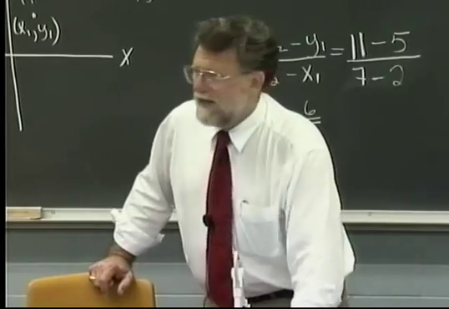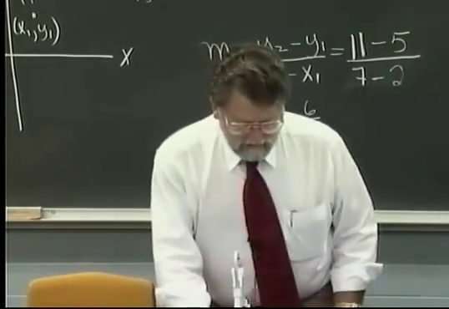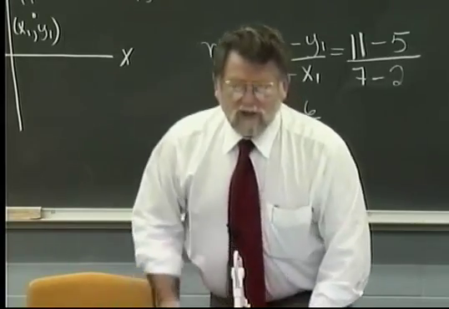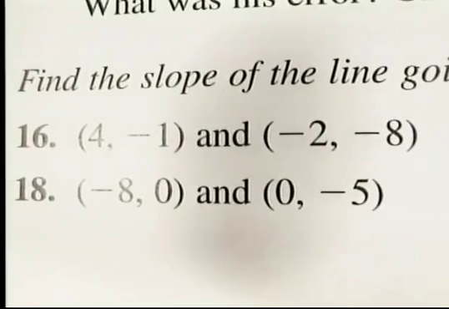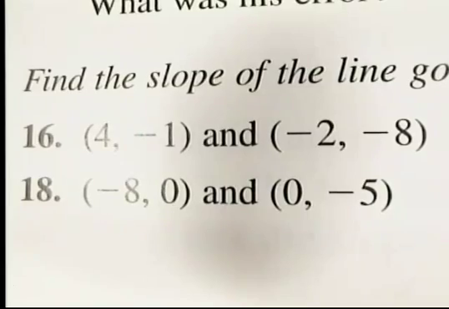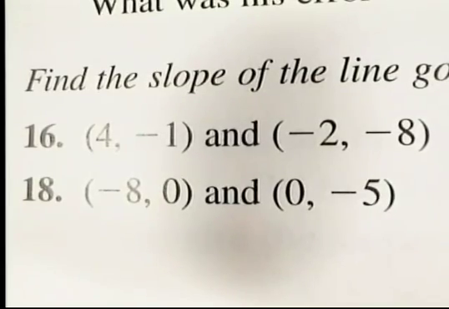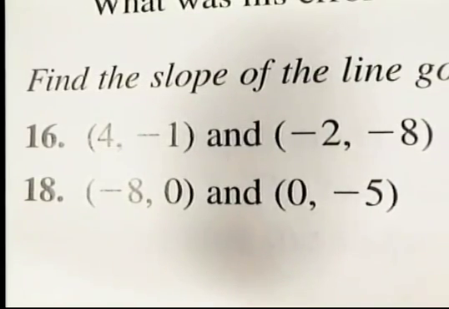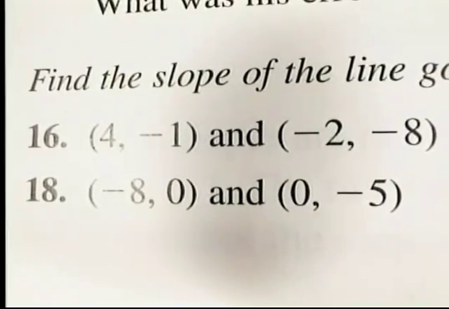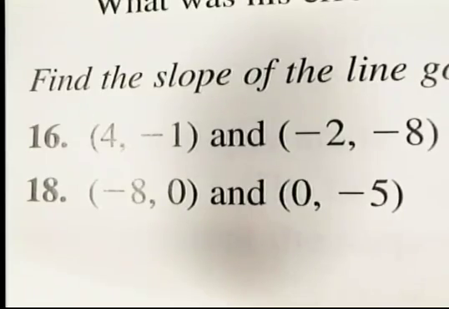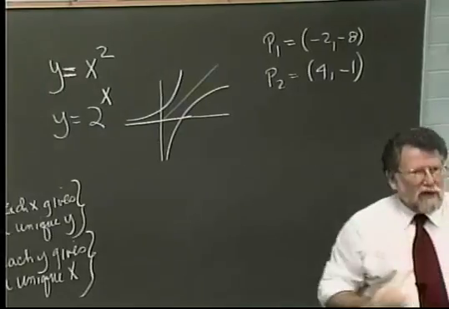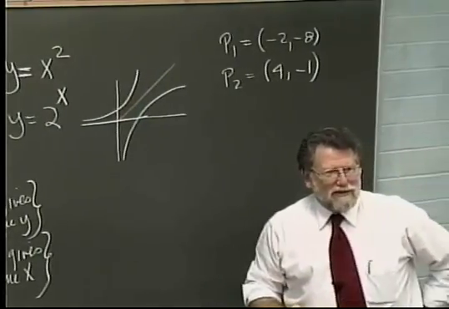Okay, let's see if I can get something to work here. The glare is a problem for me there. But then again, let's look at the ordered pairs. I'm arguing that point 1 is (-2, -8). Point 2, I'm going to argue, is (4, -1). Now, using that as a convention, it makes it a little bit easier to ask the question.